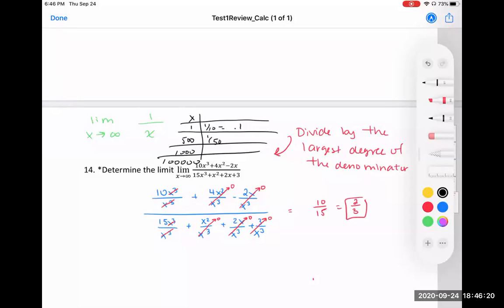1 over 500 gives us 0.002. 1 over 1,000 gives us 0.001. And 1 over 10,000 gives us an even smaller number.